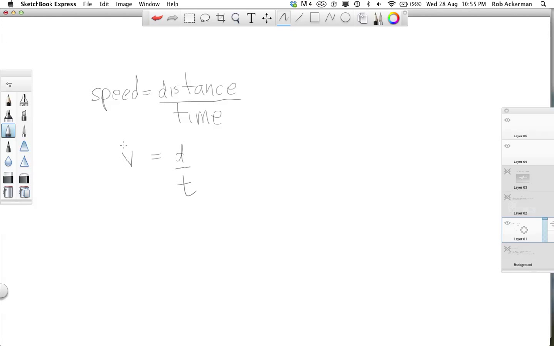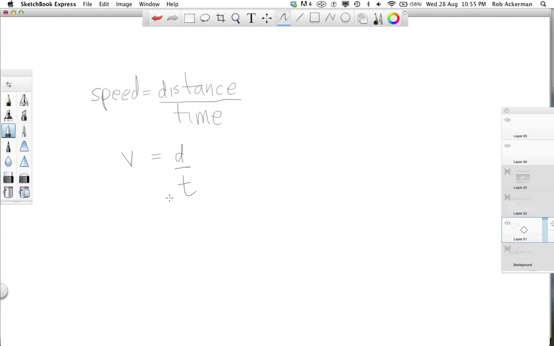The v is related to the word velocity, which is another word related to motion, and we haven't gotten to it yet in this course. We will get to it in the not too distant future, but the v comes from velocity, which is related to speed. Just so you know where that letter comes from, now you'll be able to follow along with the textbook symbols, and you'll be okay.